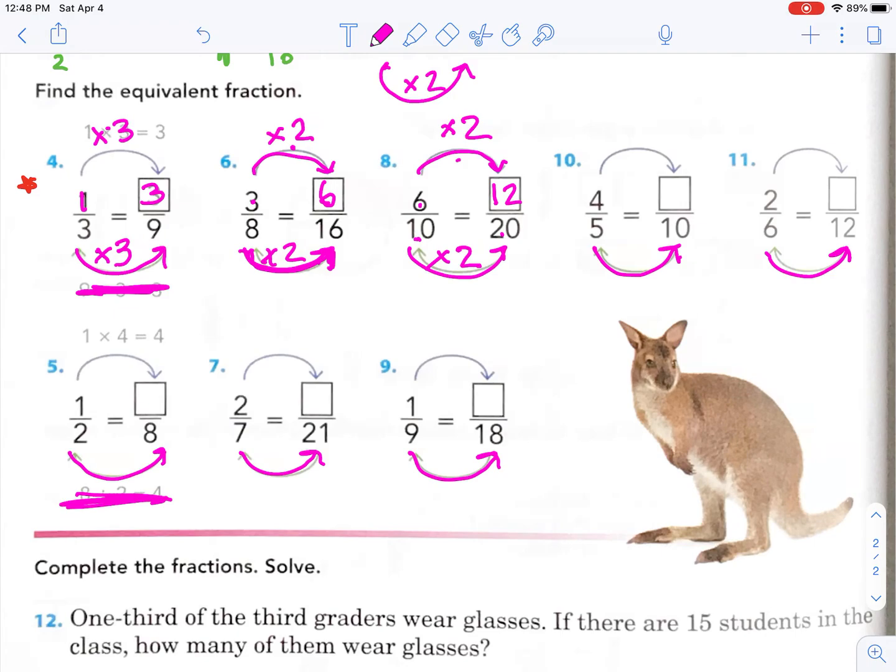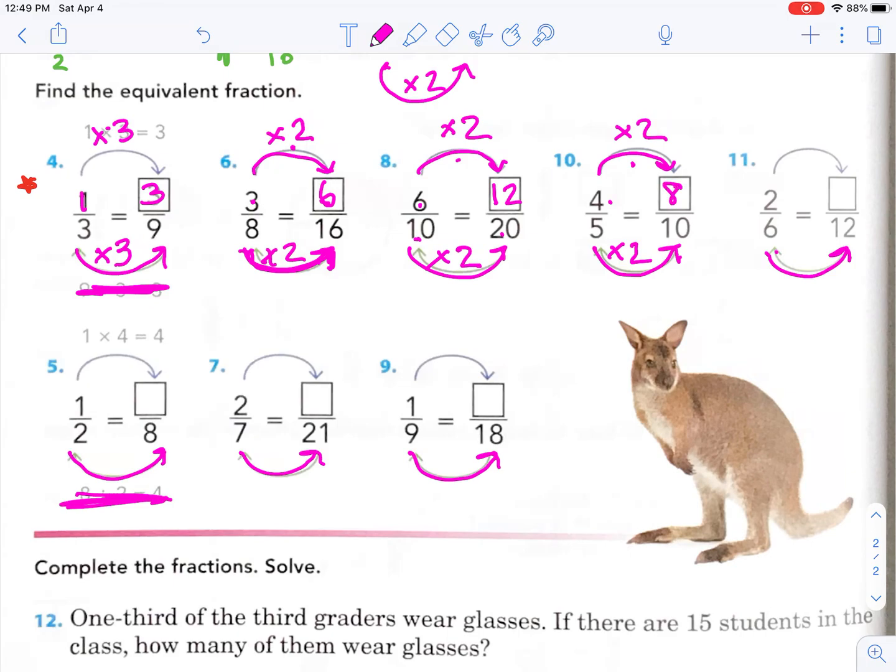Okay, think about the next one. Mystery number: 5 times what equals 10? 5, 10, that's 2. 5 times 2 is 10. What you do to the bottom, say it with me, you also do to the top. Thanks, Abigail. So we do 4 times 2 is 8.